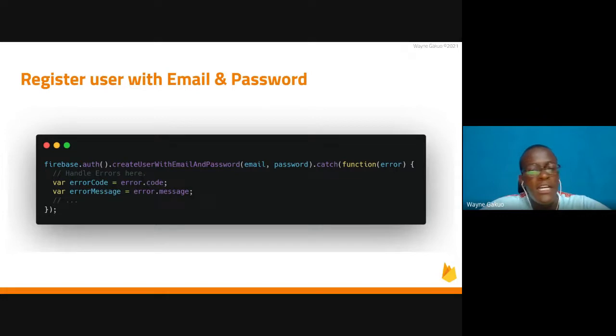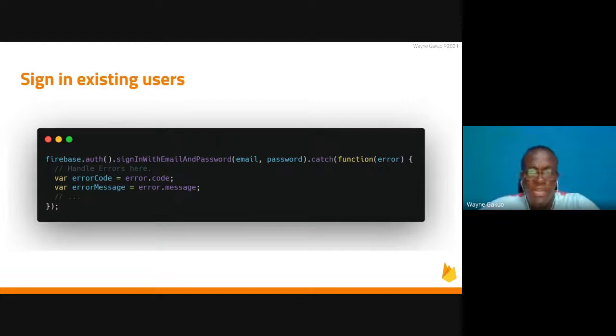What you just need to do is provide the email and the password that is taken from the user. And of course, because it's promise based, you need to also catch in case there's an error. And that is how you register your users with their email and the password. It's as simple as that.